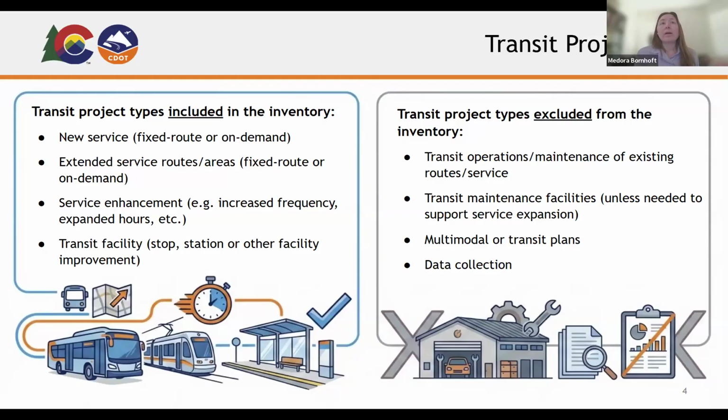And then on the right is a list of project types that are not included in the inventory. While these are really important types of projects, things like operations and maintenance, maintenance facilities, planning efforts, or data collection, there's no need to include them in the inventory because this inventory, as I said, is focused on expanding access.